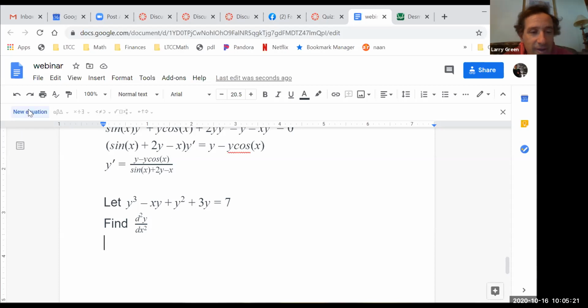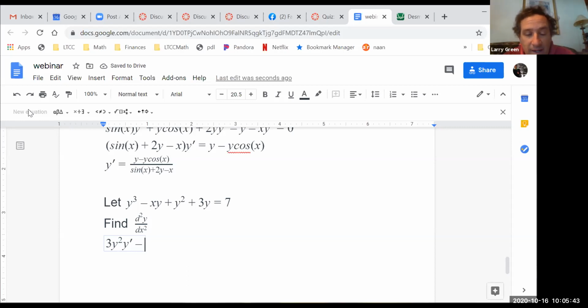And to find the first derivative, the derivative of y cubed will be 3y squared y prime. Any questions? Okay, then I'm going to go minus. Now I use a product rule.